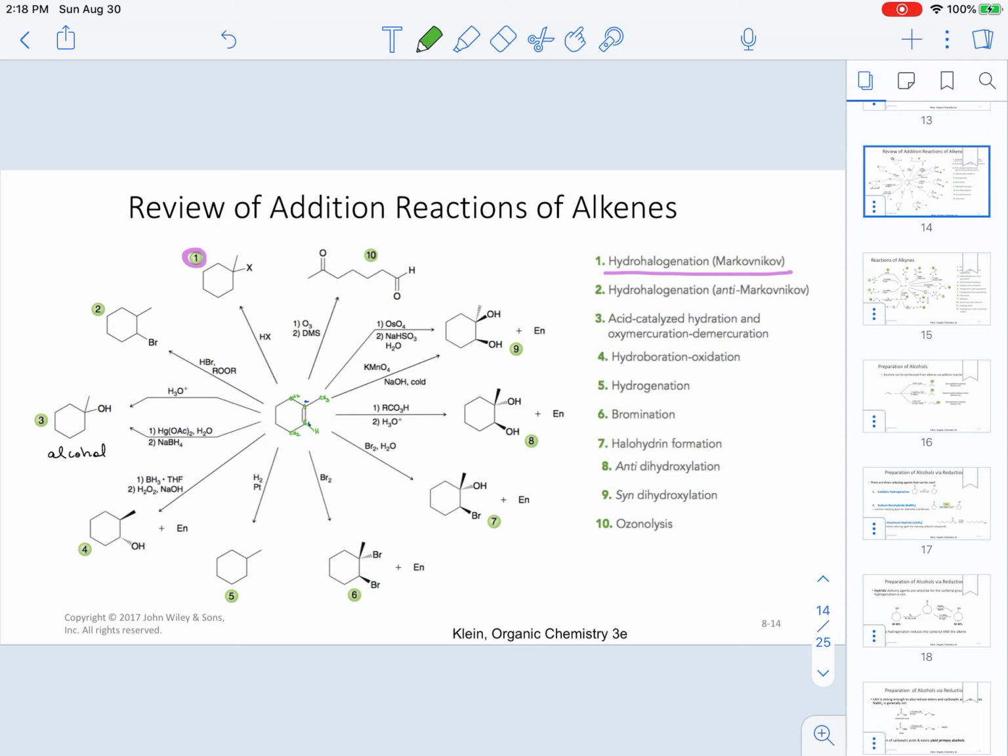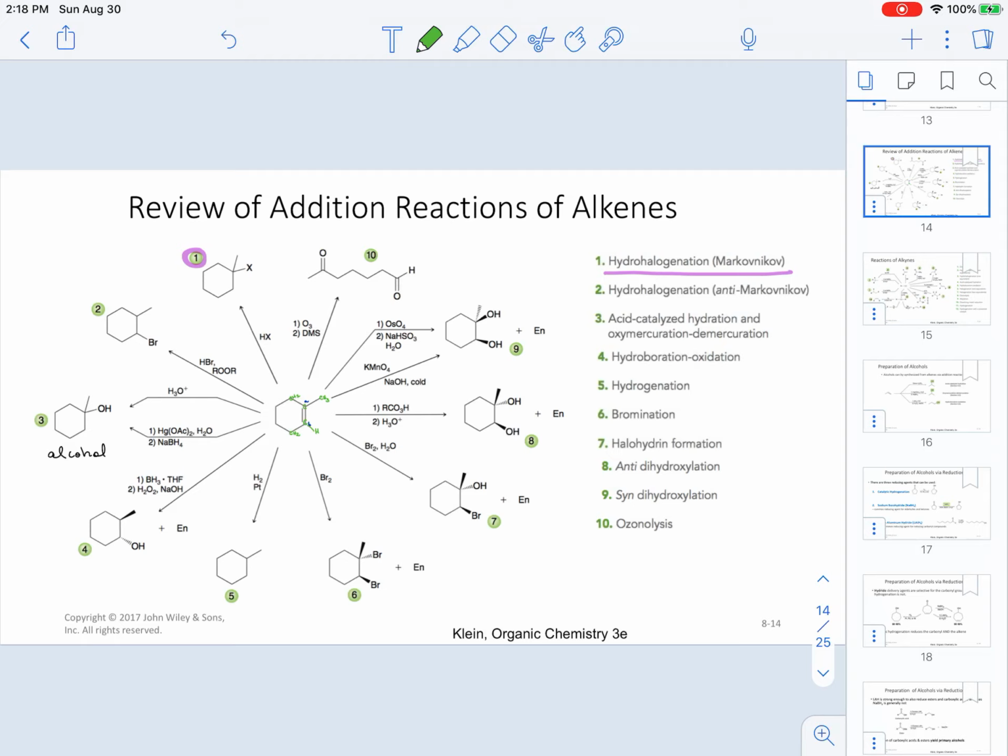In general, in all of these addition reactions of alkenes, understand that the reactions are going to happen at carbon A and B, meaning the carbons that are double bonded to each other. Because these are addition reactions, we are going to lose the pi bond, meaning one of the bonds in the carbon-carbon double bond, and in its place, we're going to form new covalent bonds with atoms that are incoming into the system.